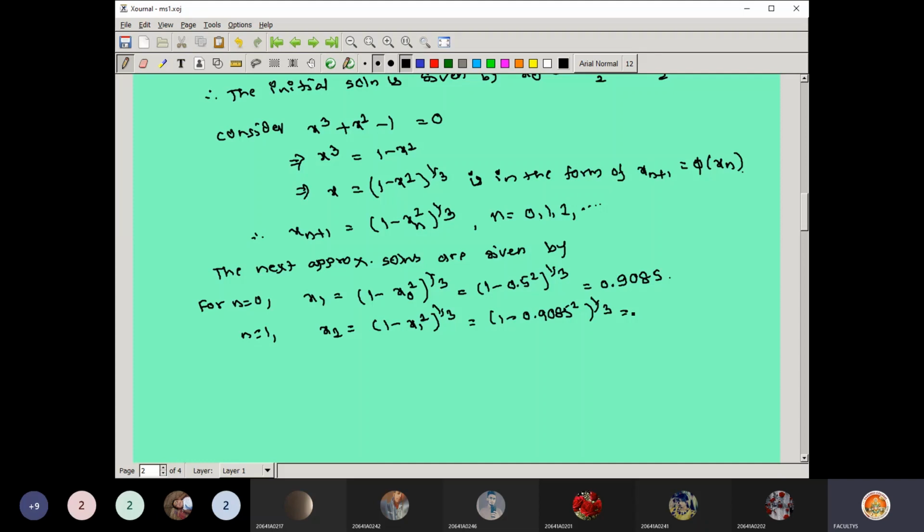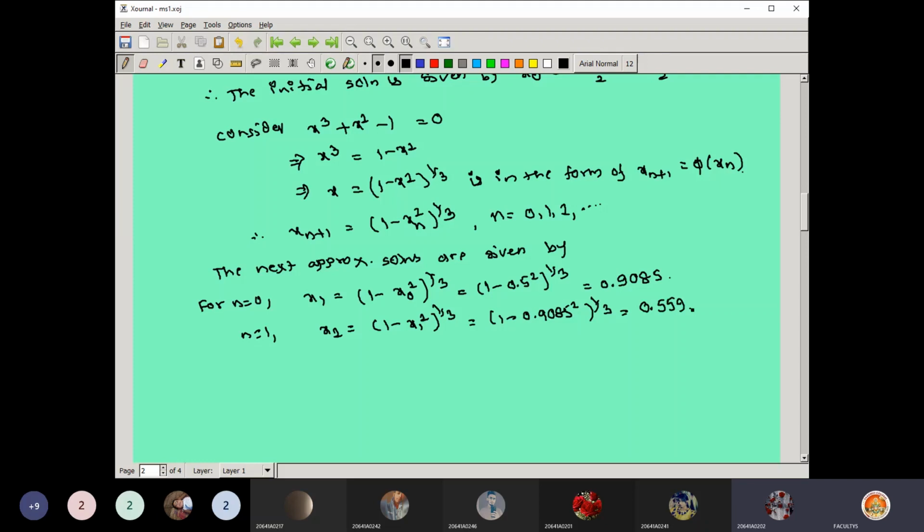Bracket 1 minus 0.9085, x square button, bracket close, next power button 1 divided by 3. How much are you getting, Amma? 0.559. Okay, right.